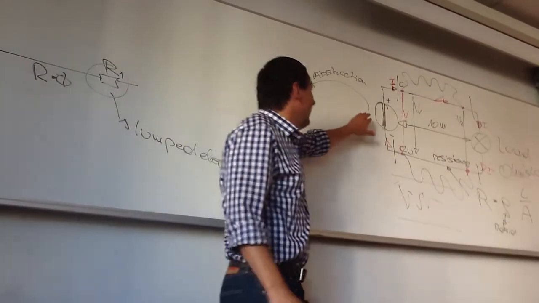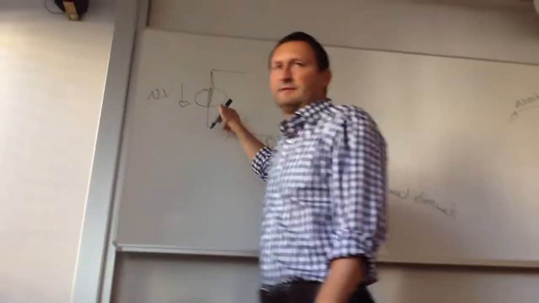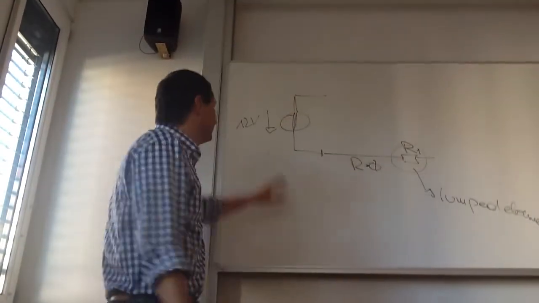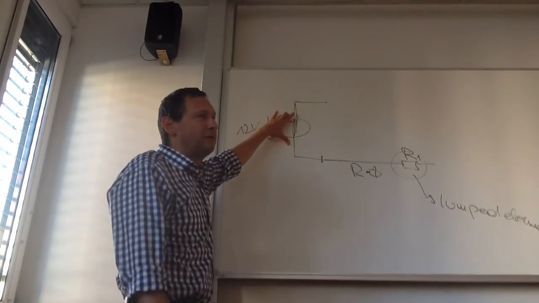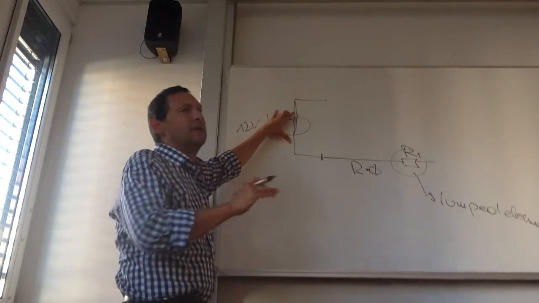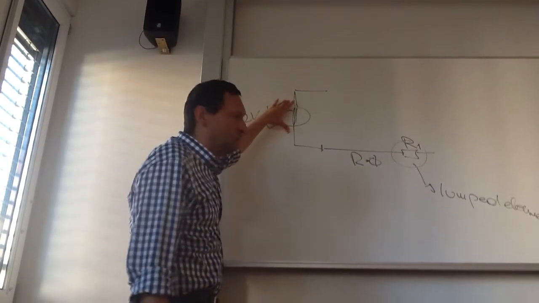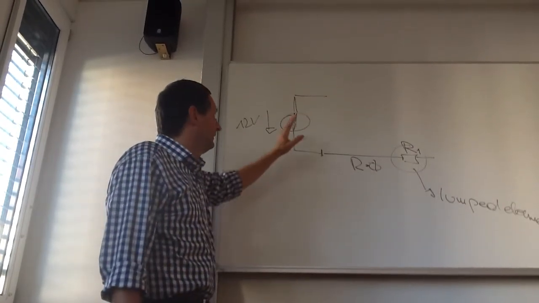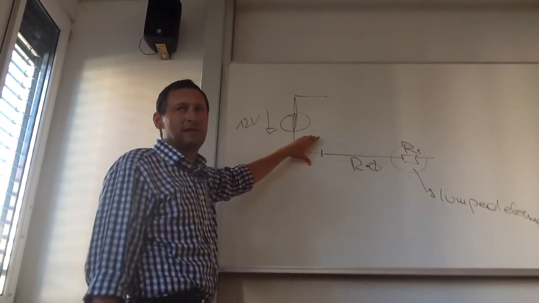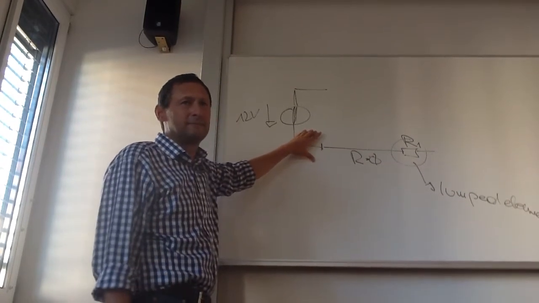So we abstract the real battery with an ideal battery. The ideal battery is characterized in that it will give you 12 volts all the time, no matter how much current you draw. If this doesn't hold true, then it's impossible to calculate this circuit with simple calculus. Then you have to do a computer simulation.